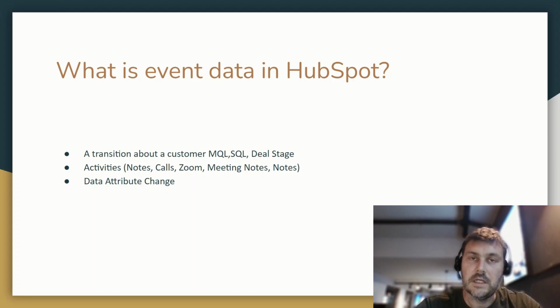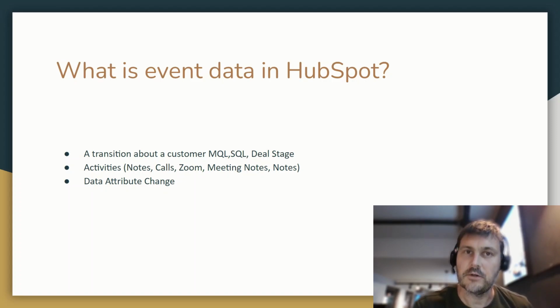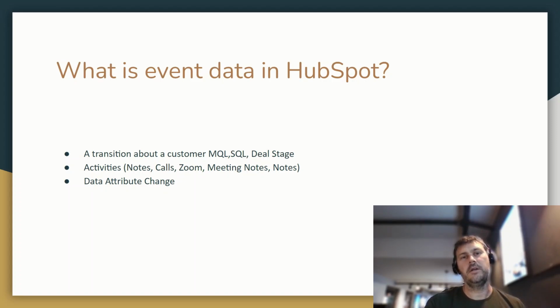An event can be an activity: notes, calls, Zoom calls, meeting notes, messages, WhatsApp, SMS. It could be information, or a specific data attribute that's changed inside your HubSpot. This is the raw basis of what an event is, but events still need to be classified.